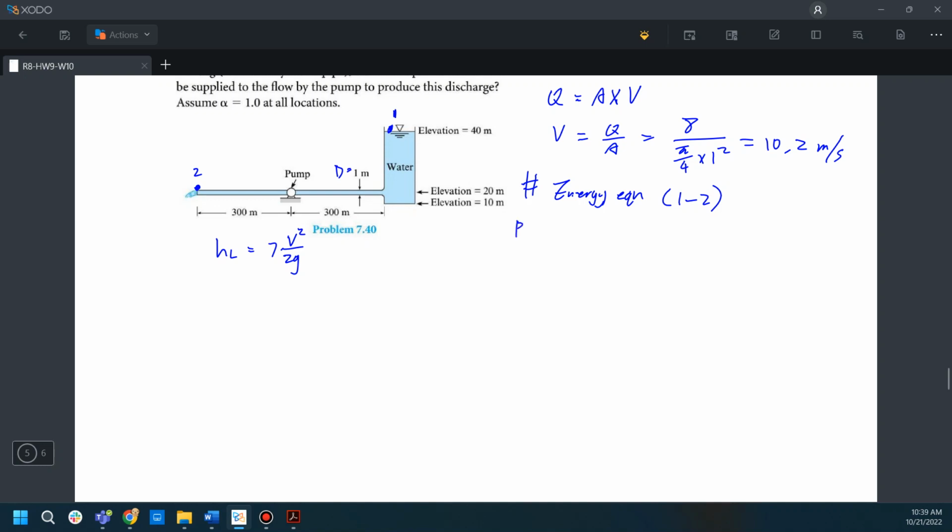We can start to write the equation down, plus alpha V1 squared over 2g, and because we have a pump here, we add this pump head on the left hand side.